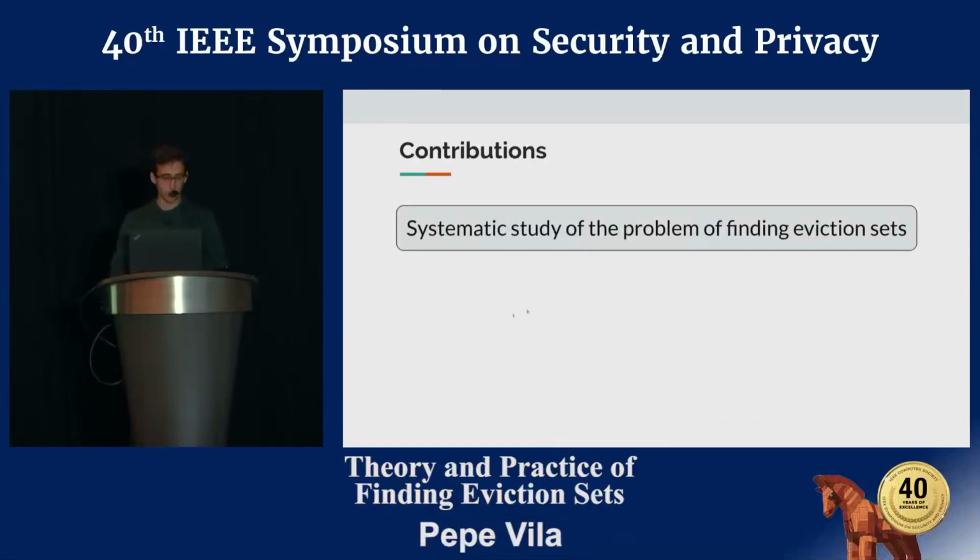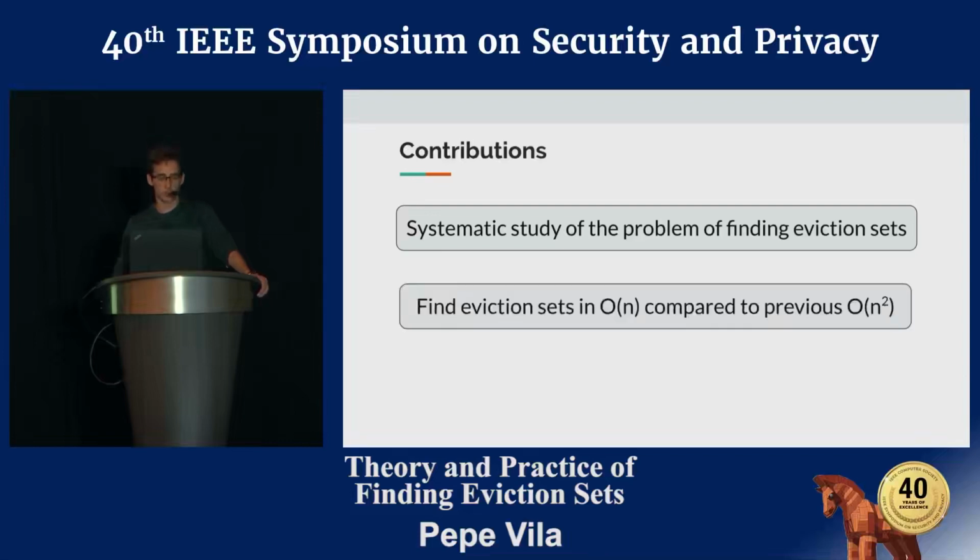The contributions of this paper are three. The first is that despite eviction sets having been extensively used in the past, there was no systematic study of the problem. So we provide the first systematic study on the problem of finding eviction sets. We also show novel algorithms that allow us to find these eviction sets in linear time, compared to the previous quadratic approaches.